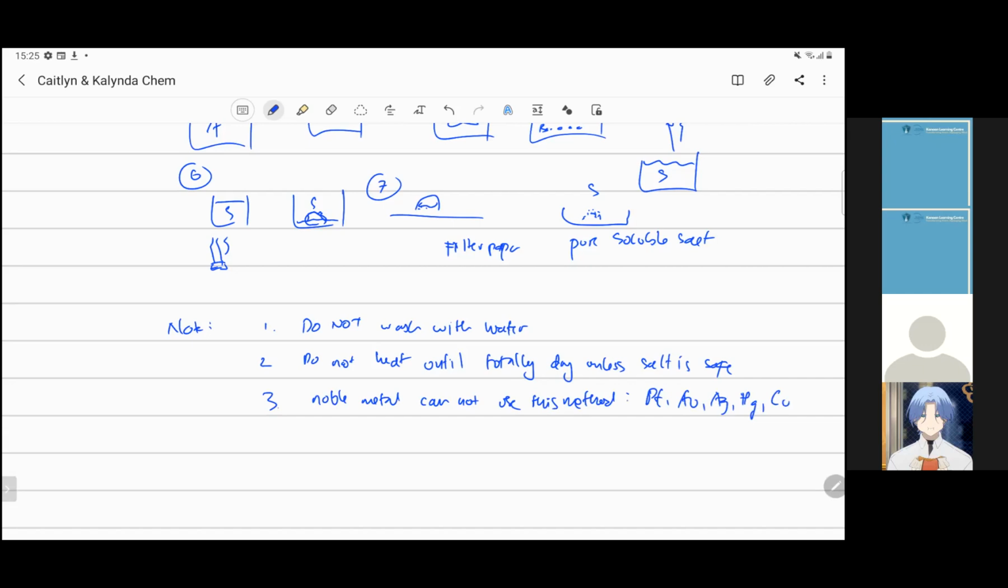So this method cannot be used for noble metals. Why? Because they cannot react with acid, normal acid. There is a special acid that can react with them. But normally, if we say normal acid in the laboratory, they will not react with any of these.